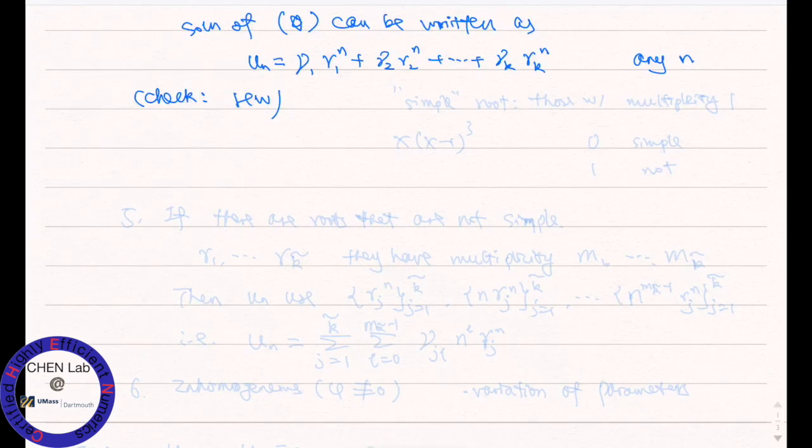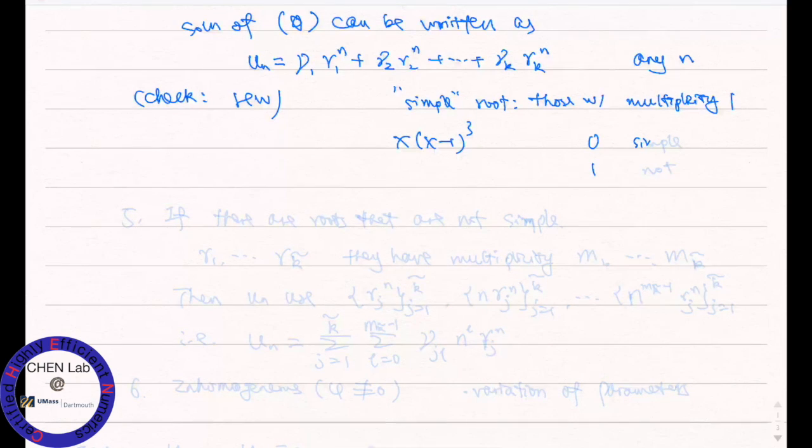So simple roots are those with multiplicity 1. For example, if we have x times x minus 1 cubed, then there are two solutions, 0 and 1.